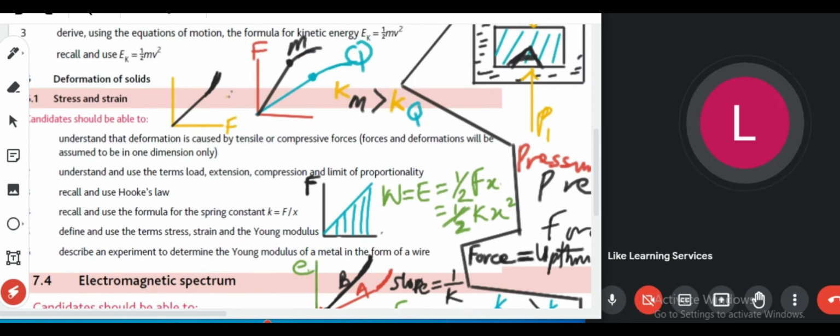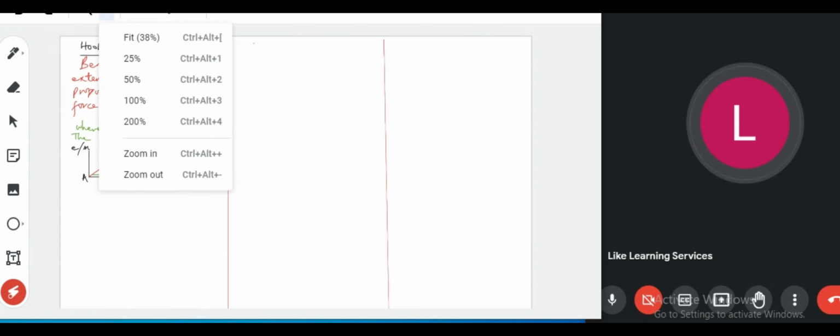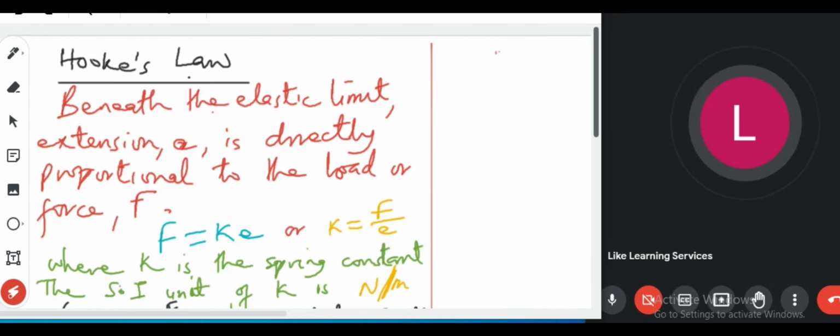But if it is a graph of F over E, the slope gives directly K, the spring constant. Now this is what I'm talking about. Let me zoom it in here properly so that we can see.